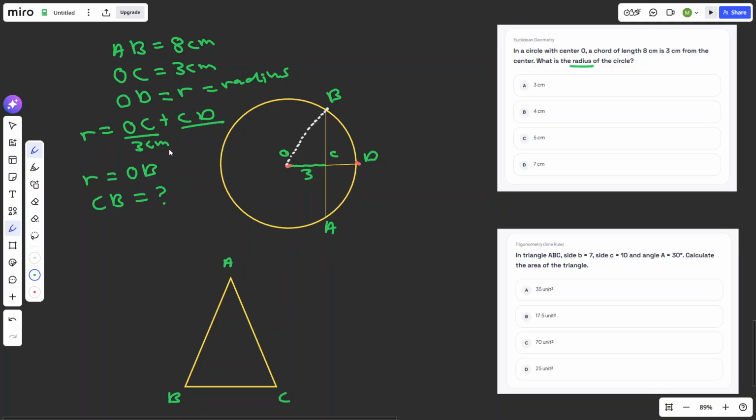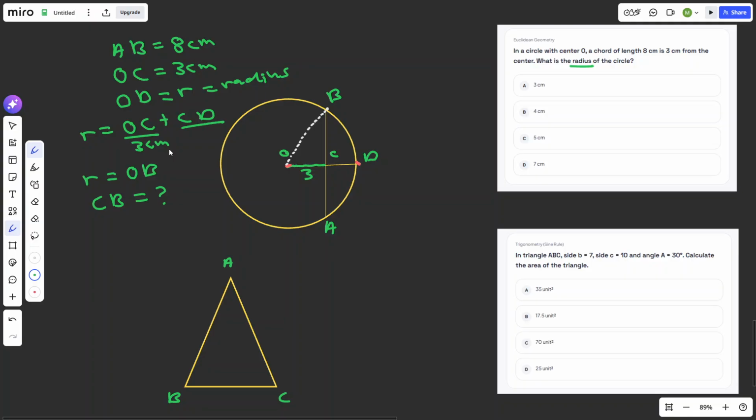Another concept that you might be familiar with is the radius bisecting a chord. Anytime a radius and a chord intersect, that intersection basically breaks up the chord into equal increments.